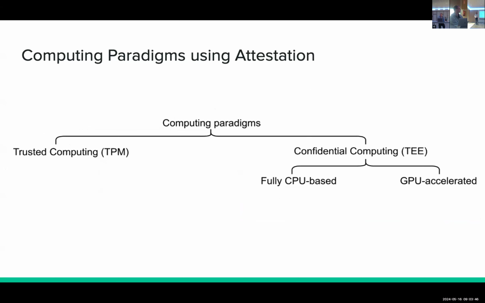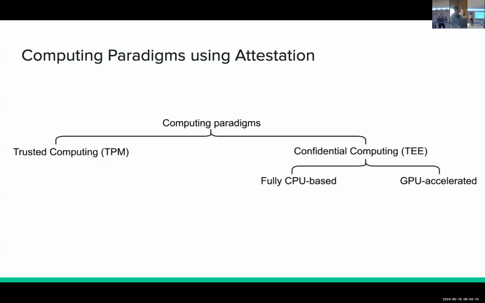So it's not only simple protocols which are using attestation, but also whole computing paradigms. Trusted computing based on TPMs has attestation as a core part of its protocol. Similarly, attestation research has come alive again because of confidential computing, where attestation is the key enabler.